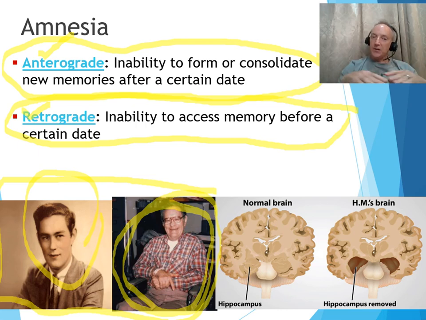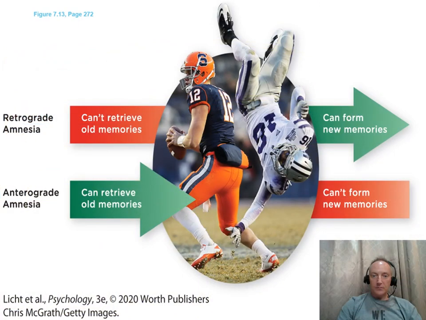Now, deep within the brain, his hippocampus was left intact, so he did have the capacity to develop new memories moving forward. Again, it's important that you're able to make that distinction between what is retrograde amnesia and what is anterograde amnesia.